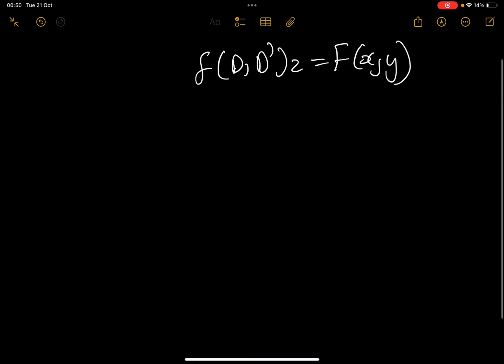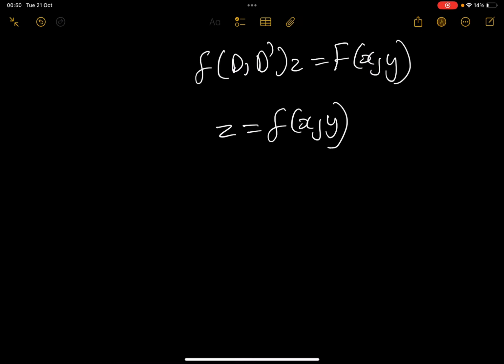With this one, we are tasked to find the solution. So z is just a function of x and y.